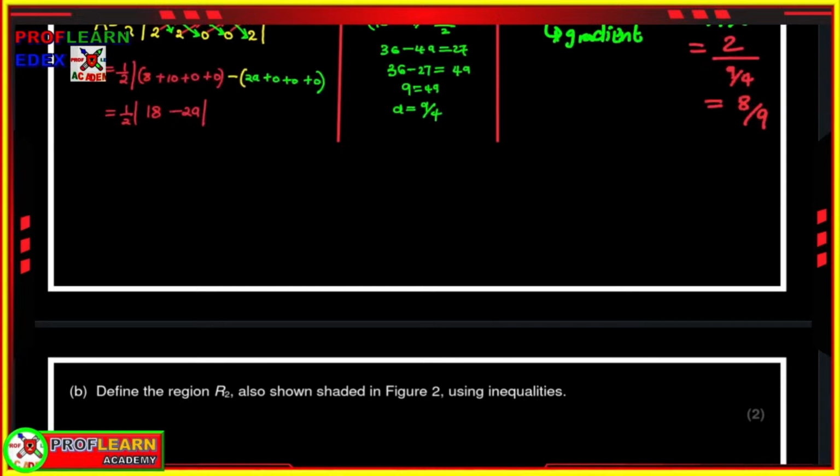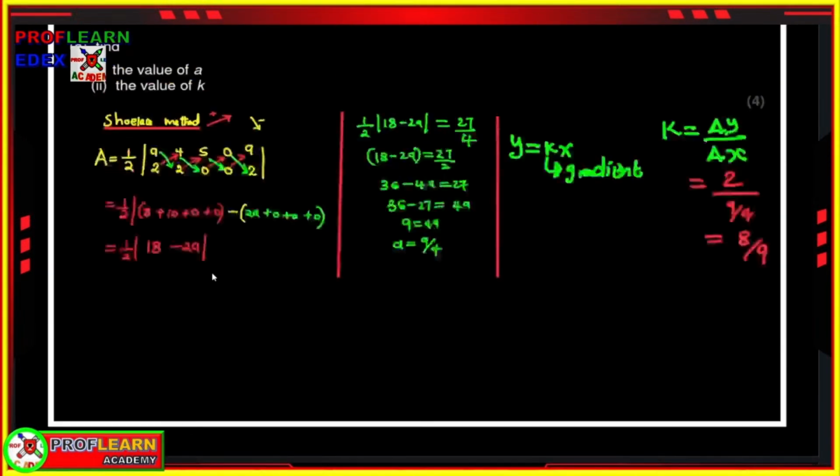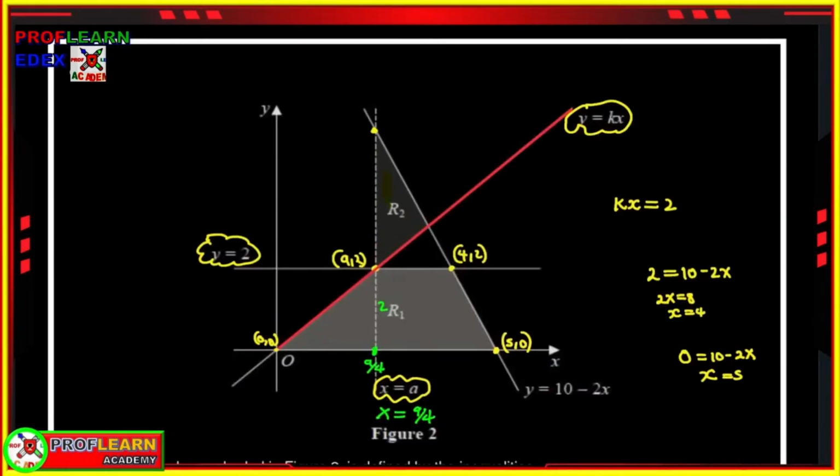Okay, so define the region R. Also, using the inequality, define the region R2. Define the region R2, also shown shaded in the diagram. So yeah, let's try to see those inequalities that we can find here. This is the region R2 that this examiner is talking about, and this equation, remember, we have gotten x equals 9/4.